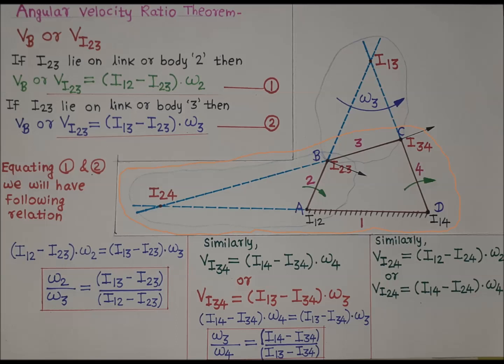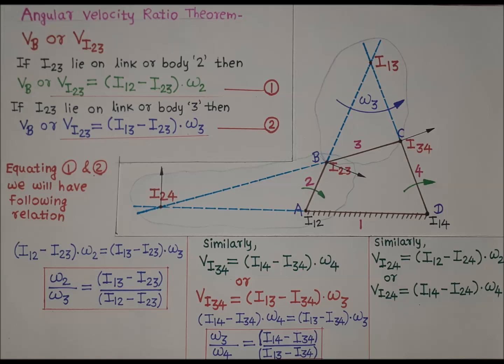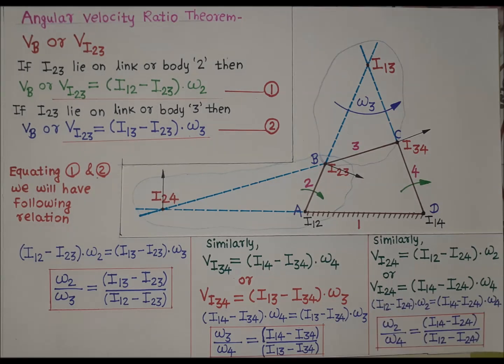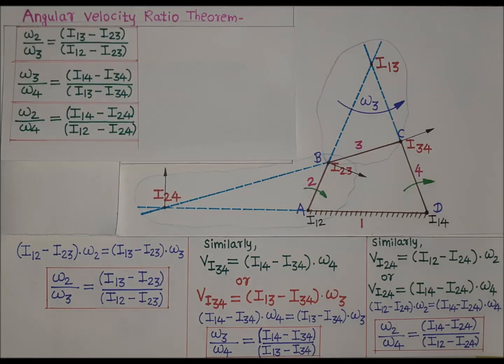Therefore, VI24 will be in upward direction. After equating VI24, we will get the relation I12 I24 into omega 2 is equal to I14 I24 into omega 4. After rearranging terms, we will get the relation omega 2 upon omega 4 is equal to I14 I24 divided by I12 I24.